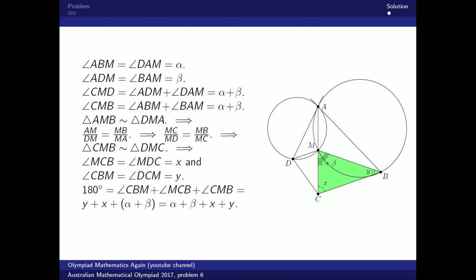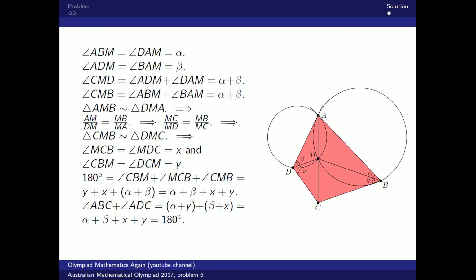Because the angle CBM is equal to y, the angle MCB is equal to x, and the angle CMB is equal to alpha plus beta. This is all from the previous calculations. So this is equal to alpha plus beta plus x plus y. So the sum of these four angles is equal to 180 degrees. So just remember that, and now we consider the following.